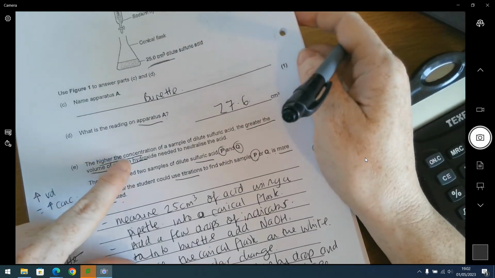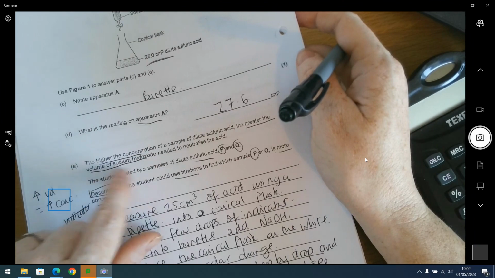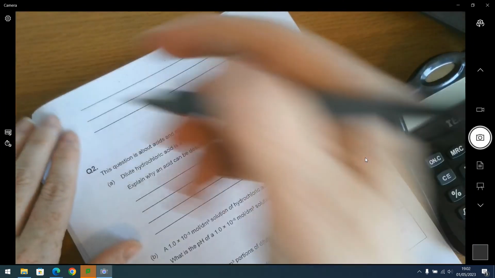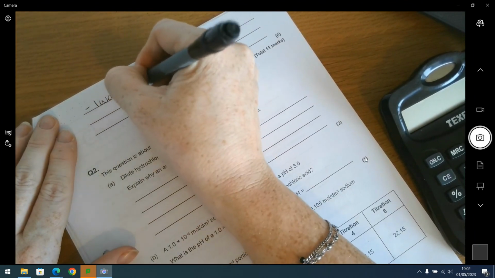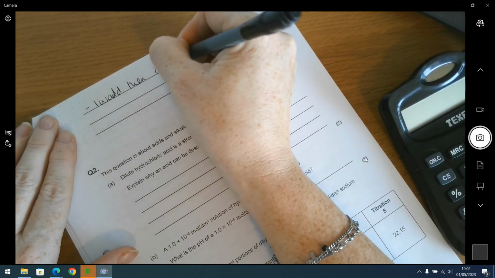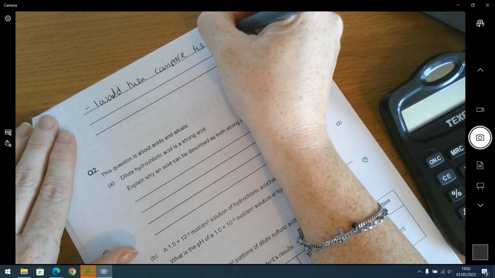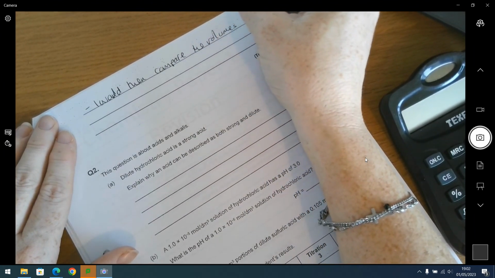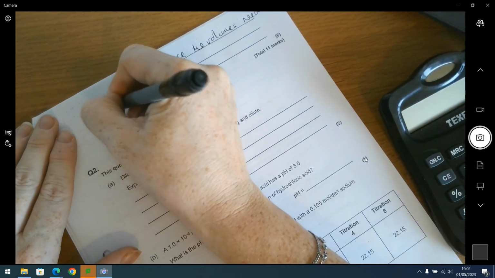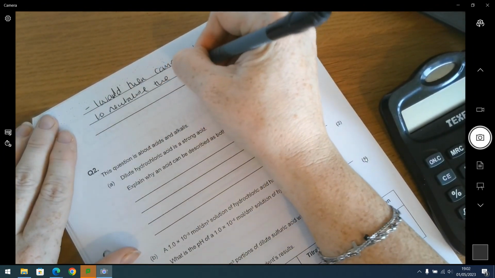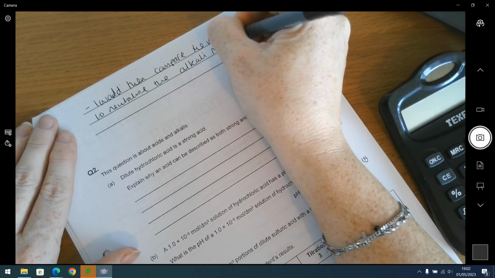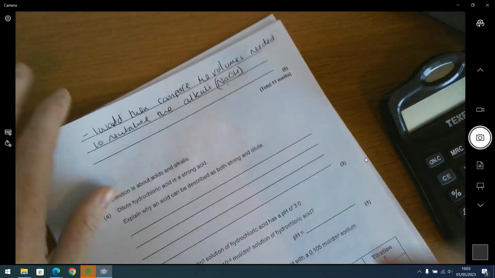It says the higher the concentration of the sample, the greater the volume. So I would then compare the volumes needed to neutralize the alkali, or the sodium hydroxide. Oh no, sorry, sulfuric acid.